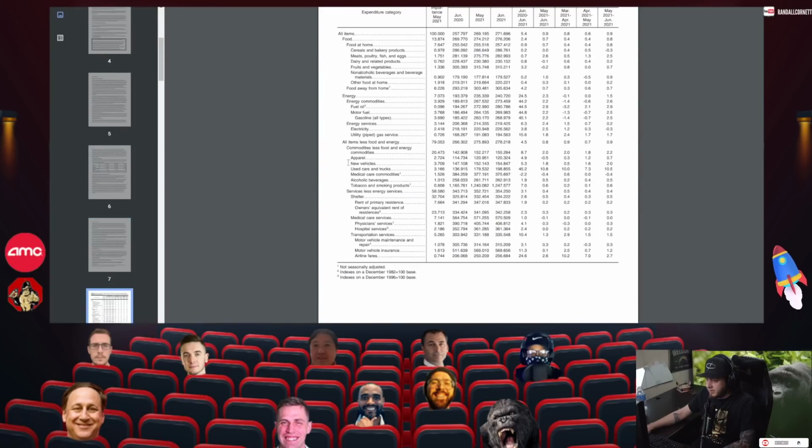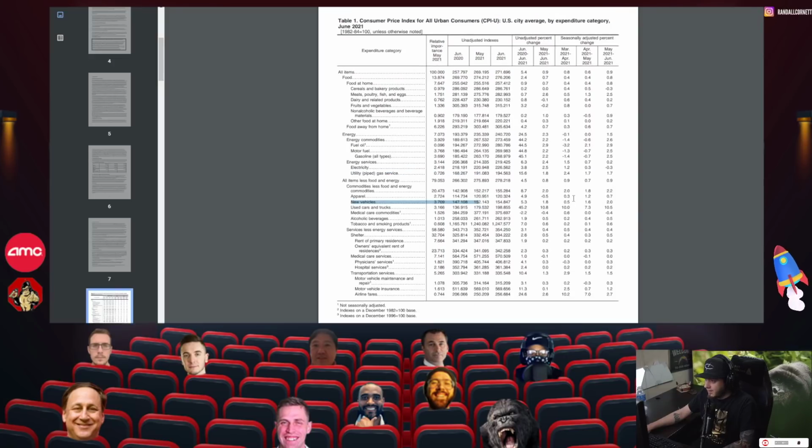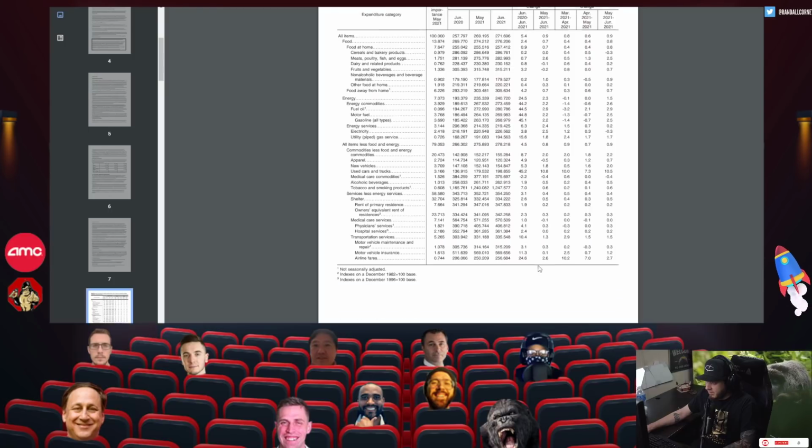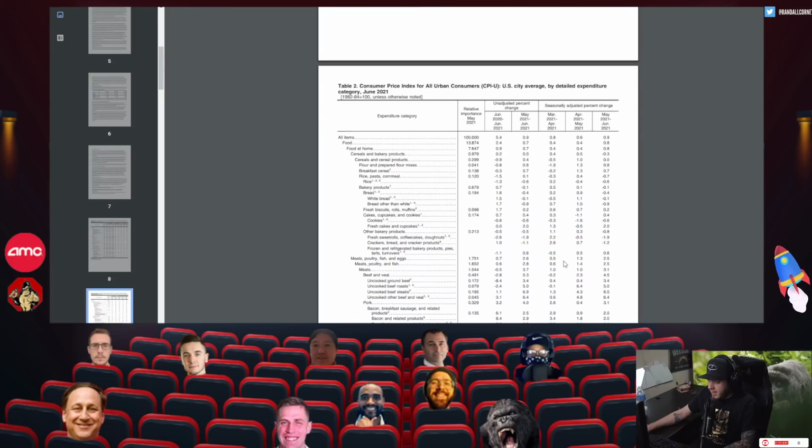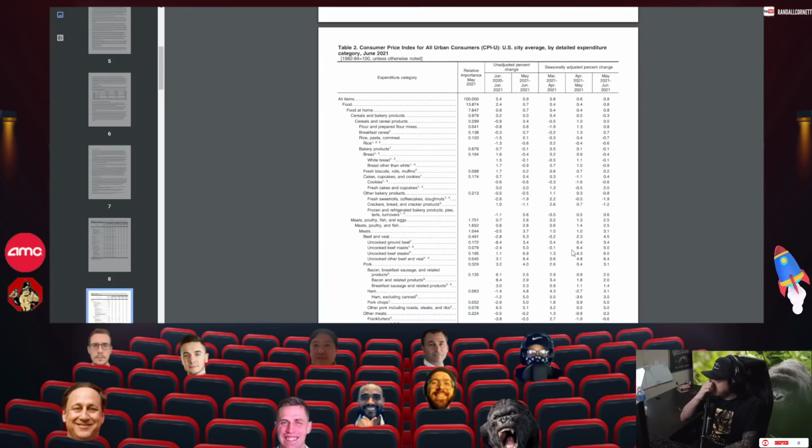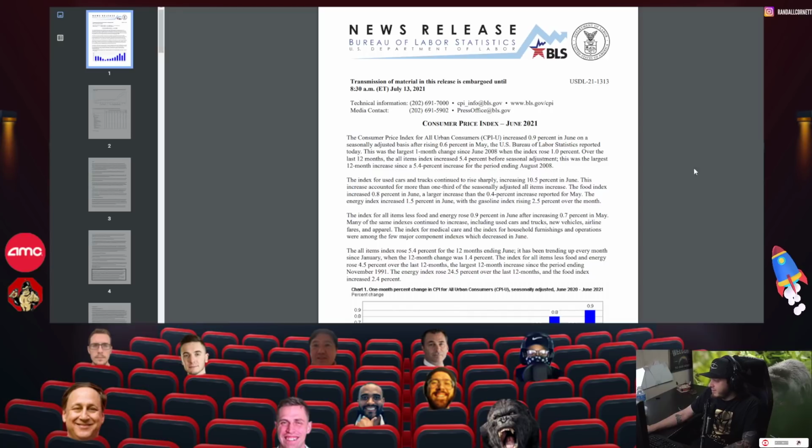New vehicles, again, this percent change is crazy. 45% increase on new and used purchase vehicles. I think that they're literally betting against us. The CPI inflation rate is skyrocketing, and all the things that we basically need to survive.